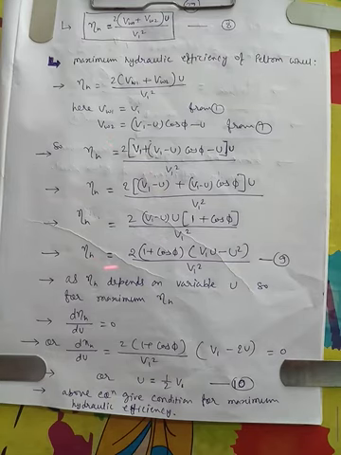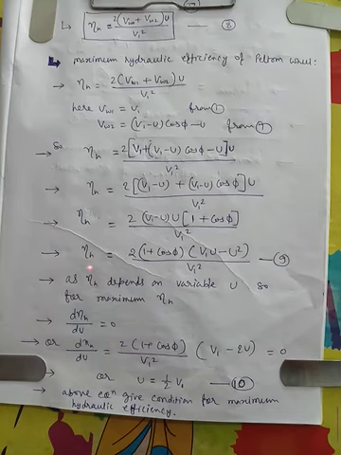Here the efficiency eta H is a function of u, so for its maximum value we differentiate with respect to u and set d eta H by du equal to 0.